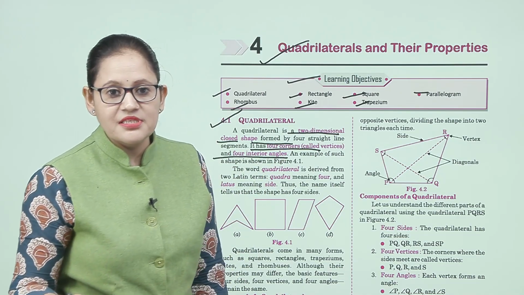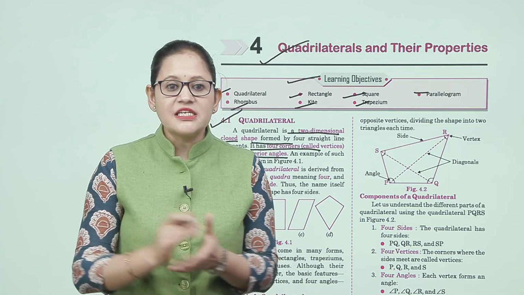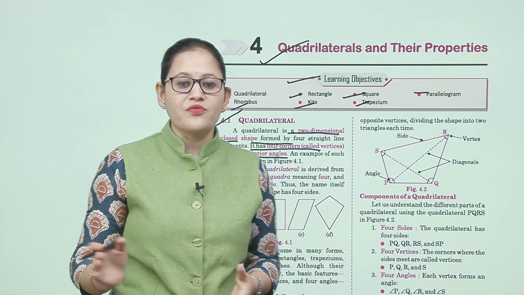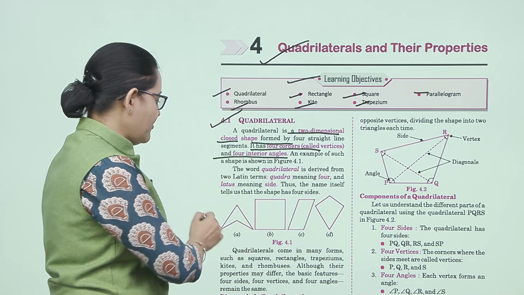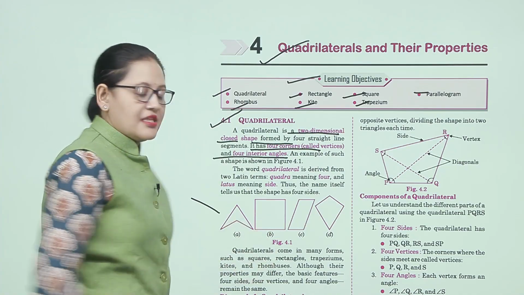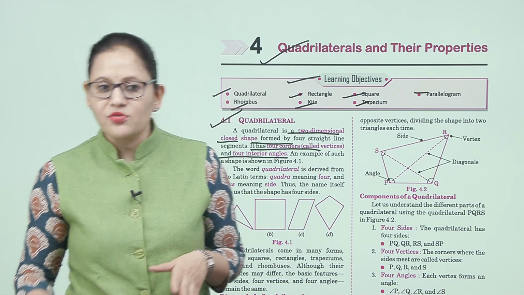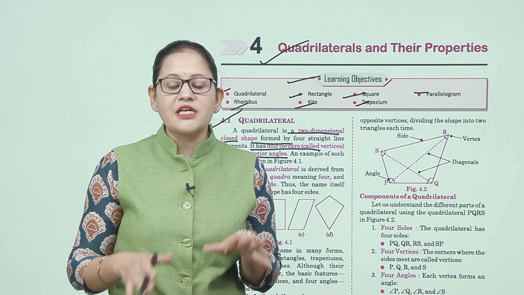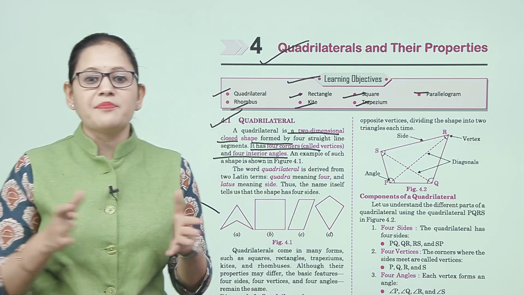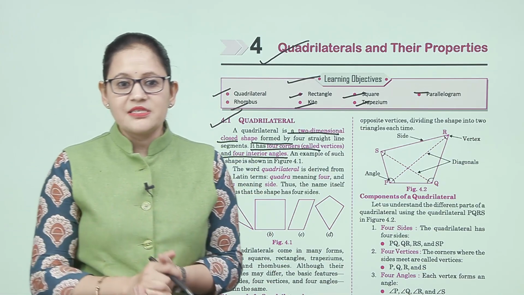For example, all such shapes are shown in figure 4.1. You can see in figure 4.1, these are examples of quadrilaterals. In simple language, a quadrilateral is a closed figure made up of 4 line segments.